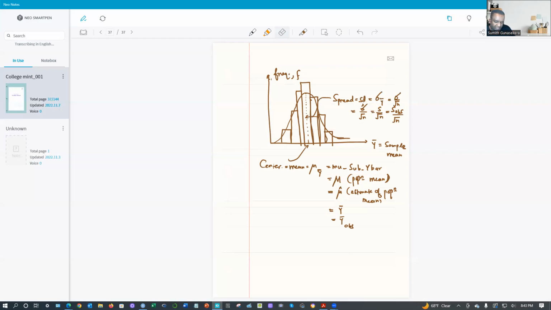Now we know this center, and that's how we're going to build up this discussion.